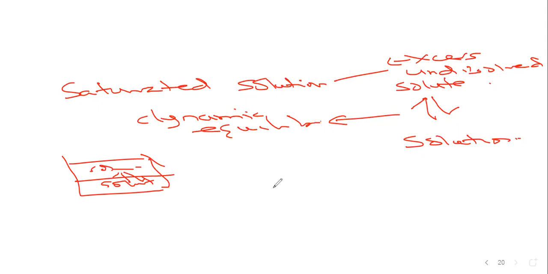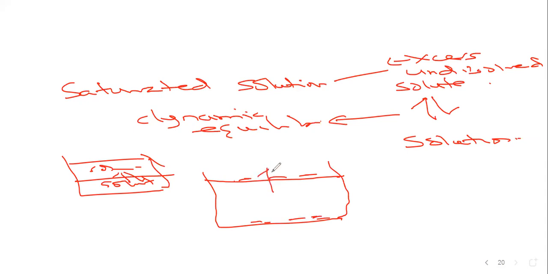So how is that dynamic equilibrium obtained? In the container, these undissolved solutes come to the surface of the solution at the same rate as they are dissolving in the solution. Some of them tend to come to the surface of the solution here, as others are remaining within the solution.